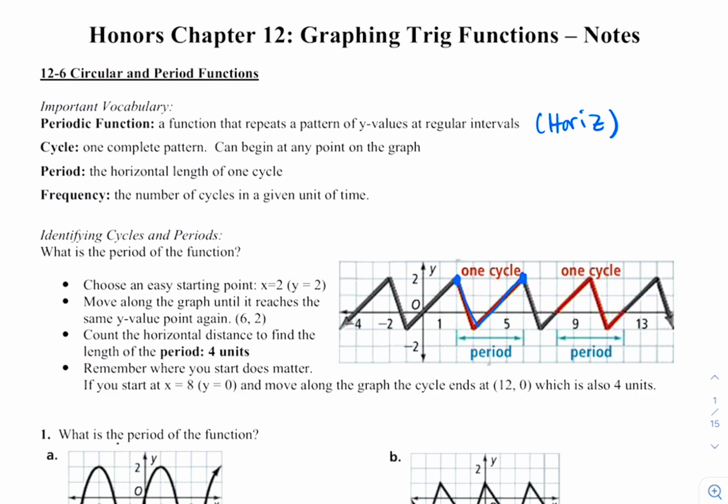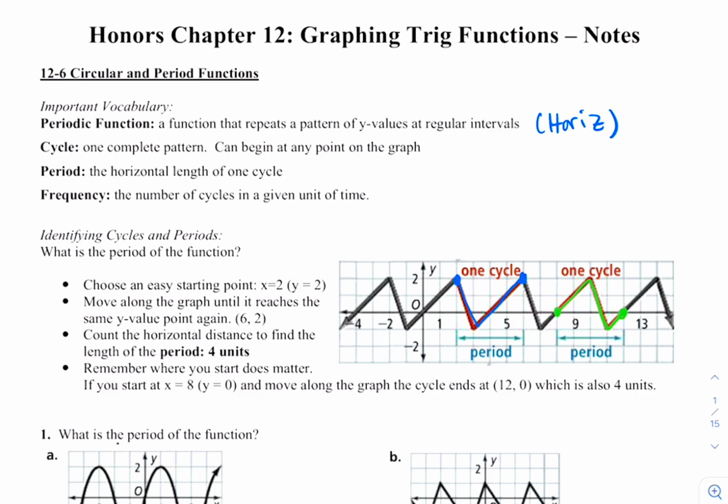Or if I happen to notice that something is starting here, and then I'm following this pattern, again, if I copy and paste it and move it either forwards or backwards, it would fit perfectly on the next piece. So that's what we're looking at when we call it the cycle. Depending on what we see first or what our questions are asking us, what our cycle looks like could be different, but just know that it means one pattern of what's repeating.